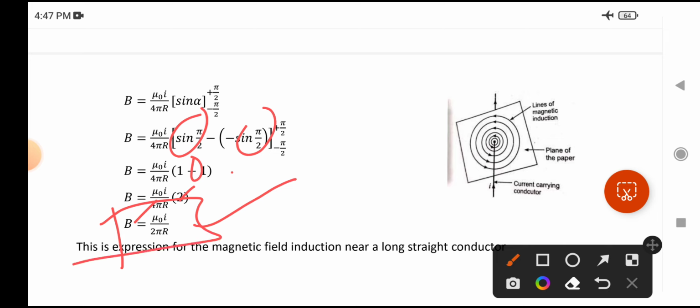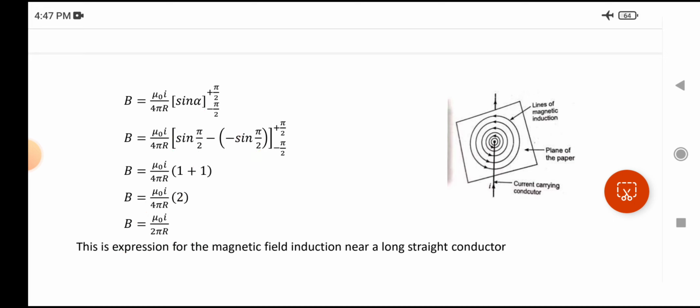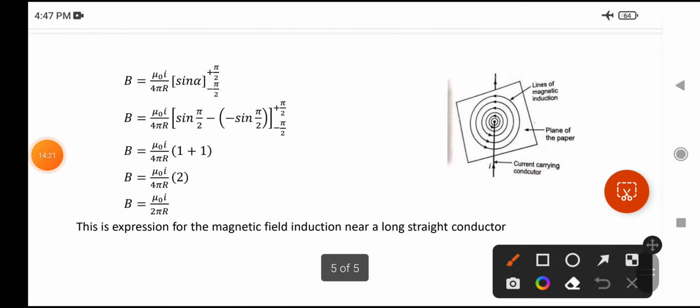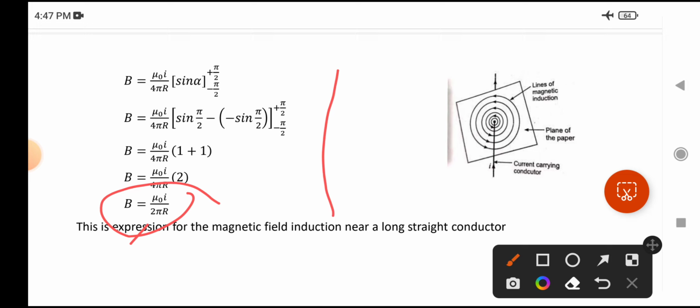So finally what we got? We got B equal to mu naught I by 2 pi r. So this is the expression for the magnetic field induction near a long straight conductor. It is a long straight conductor. And what it explains is the B value, mu naught I by 2 pi r. 2 pi r is the circumference of a circle.